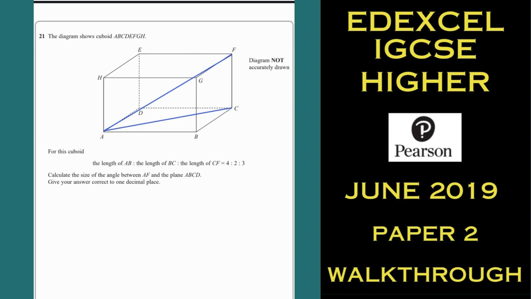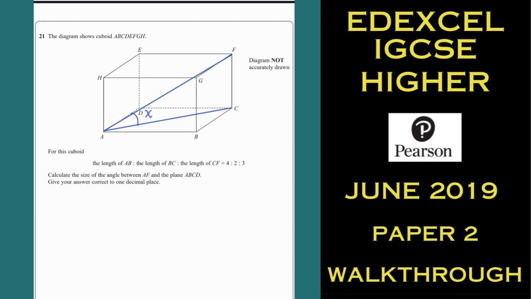Well, the idea is, if you shone a torch vertically above it, where would this thin line cast a shadow? So AF would cast a shadow over AC because F is directly above C. So the angle we are wanting is there.